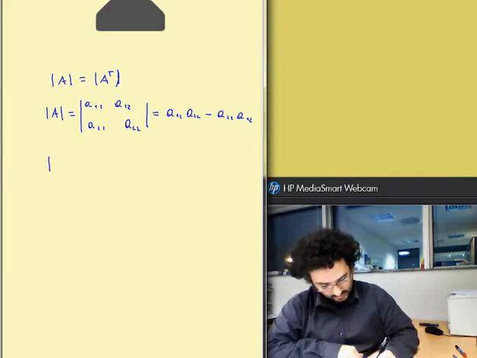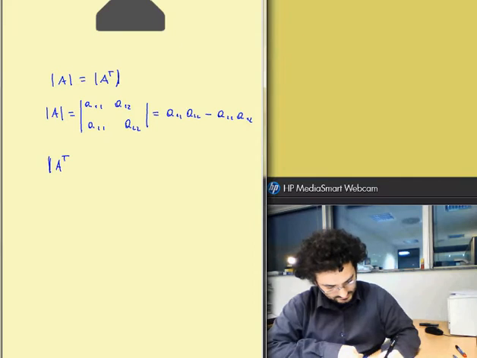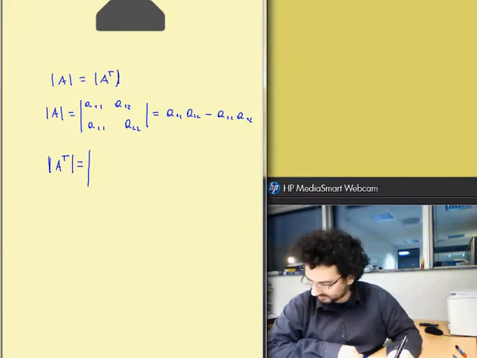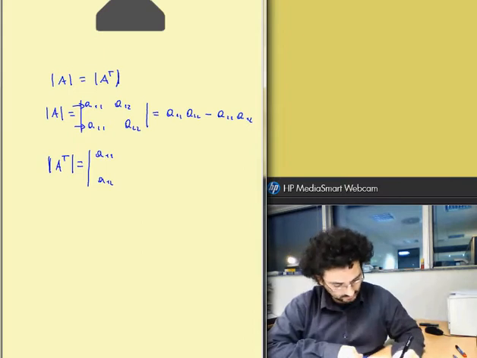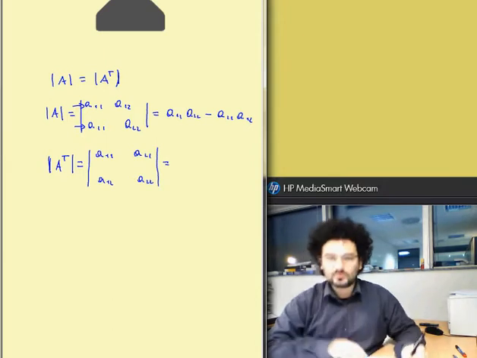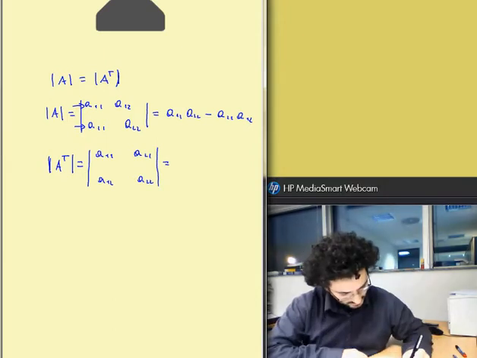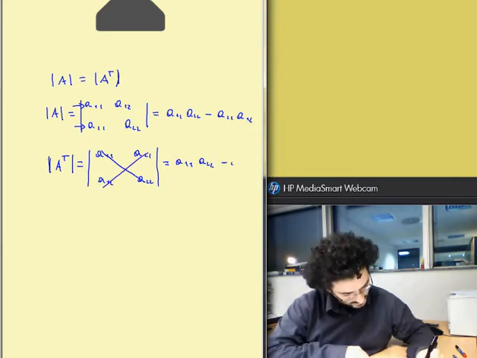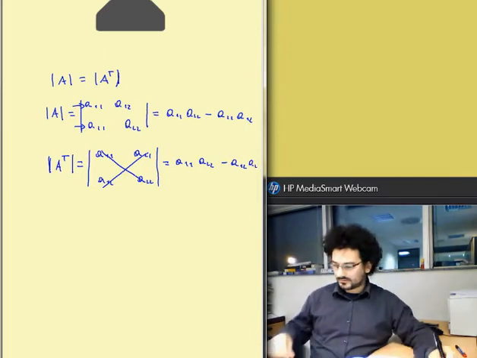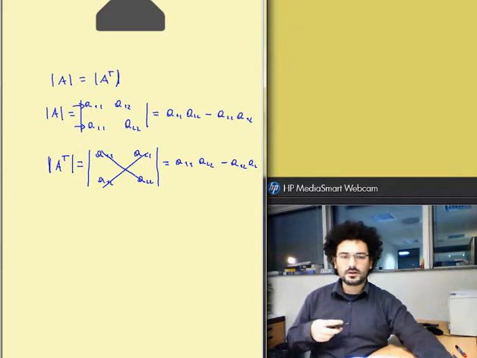Now, the determinant of the transpose of this matrix: the first row becomes the first column, so A11, A21, and the second row becomes the second column, so A12, A22. Applying the rule in order to compute the determinant, we have A11 A22, the elements along the main diagonal, minus A12 A21. So we have the same result, the same determinant in a matrix or in its transpose.